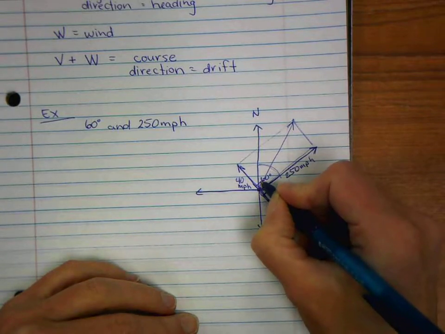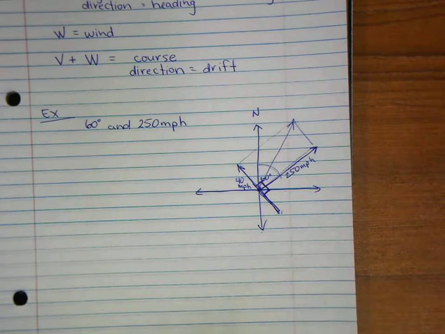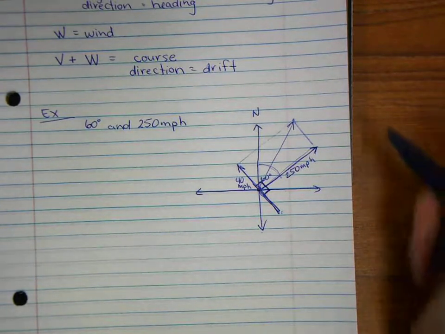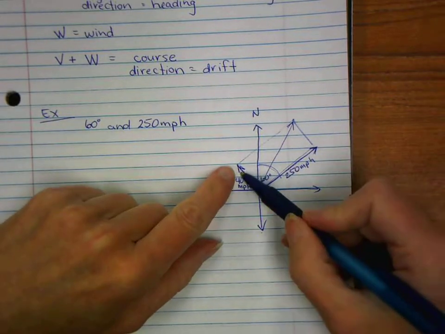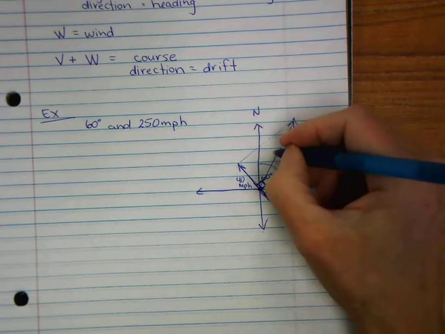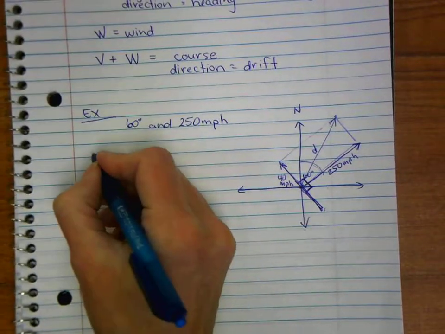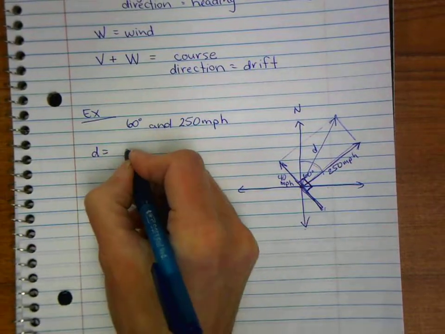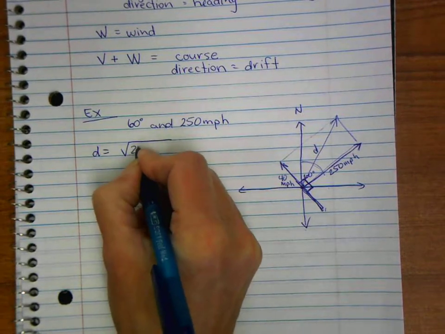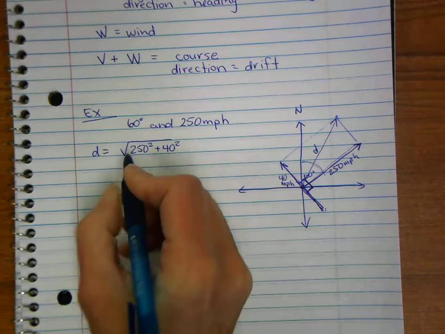So we have perpendicular vectors, and when we worked with perpendicular vectors before, it became real easy because we can just say a squared plus b squared equals c squared. So my magnitude of this resultant vector, I'm going to call it d again, is just the square root of 250 squared plus 40 squared.